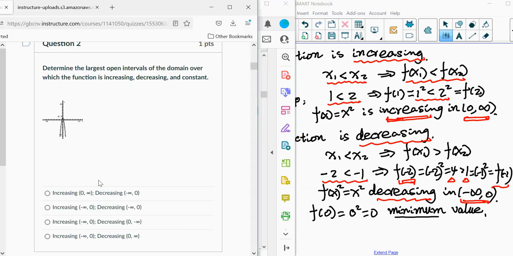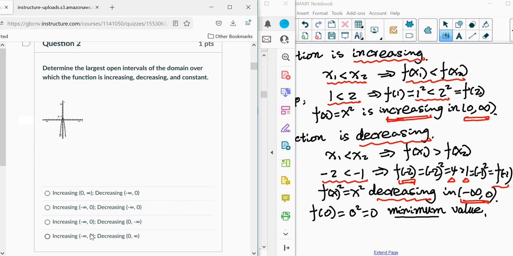So then here, from 0 to positive infinity is decreasing. So then here we know this one is not written right, because it from negative infinity goes to 0. Here is also from negative infinity goes to 0. This is increasing, it cannot be decreasing.